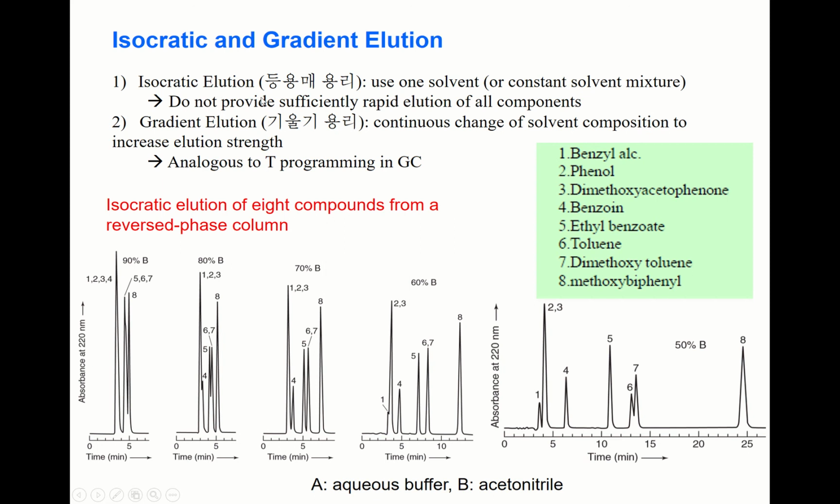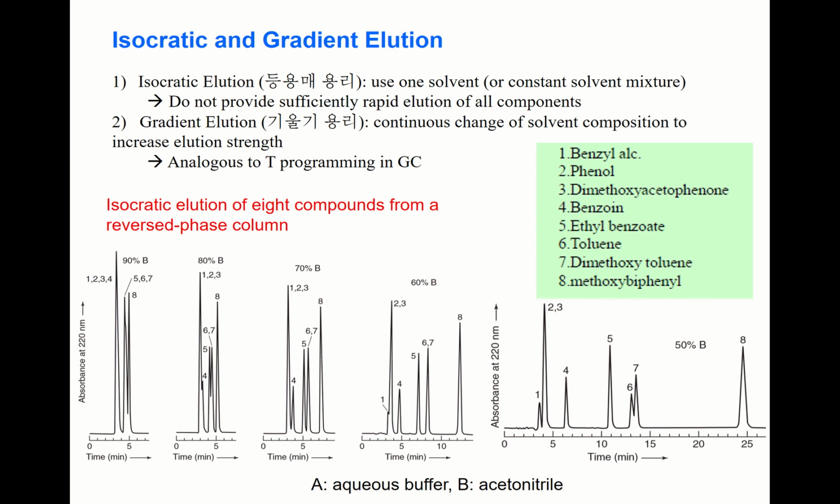Isocratic elution, in Korean 등용매 용리, uses only one solvent, or a constant solvent mixture. One solvent doesn't mean only one kind; you can have a mixture solvent like water and acetonitrile, right?